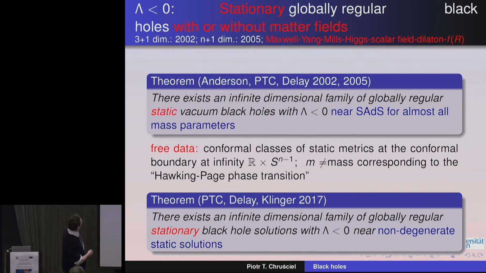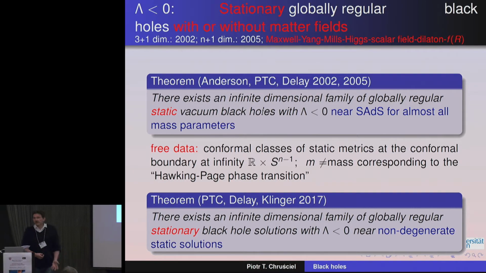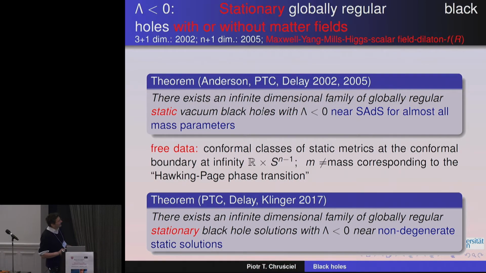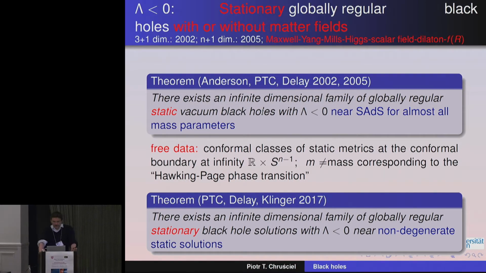You can do it in vacuum, you can do it with field equations. What kind of field equations? Well, this is either Maxwell or Yang-Mills or Higgs or scalar fields or dilaton of your F of R theory. Then there's a lot of freedom here. And so the difference between these two theorems is passing from static to stationary, and this turns out to be non-trivial for black holes. And so this is our theorem.